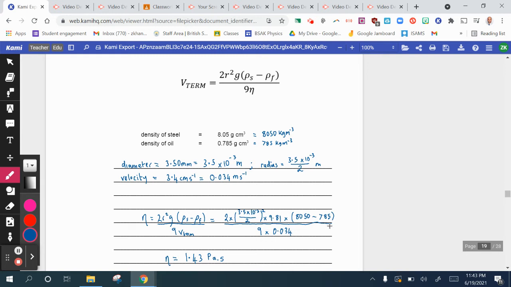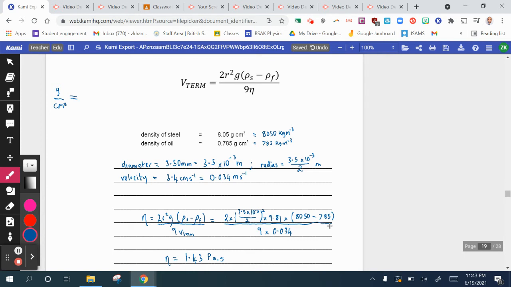So to convert grams per centimeter cubed into kilograms per meter cubed, let's have a look at this.